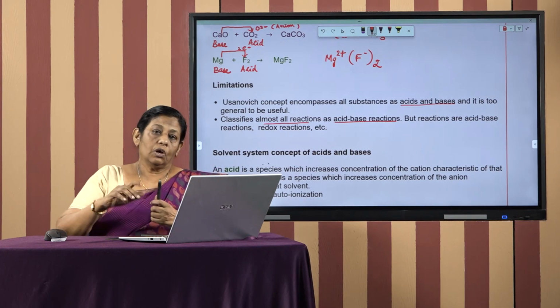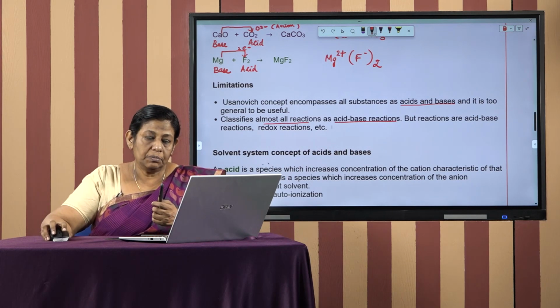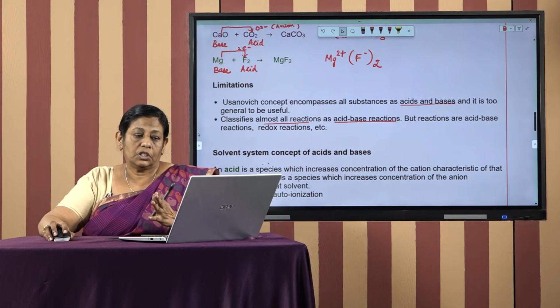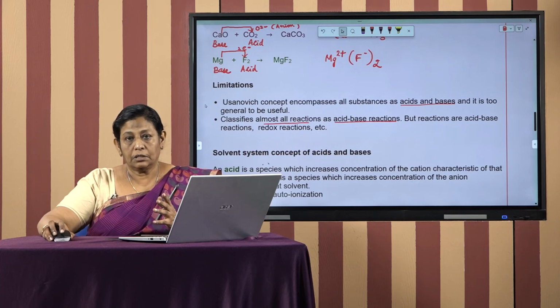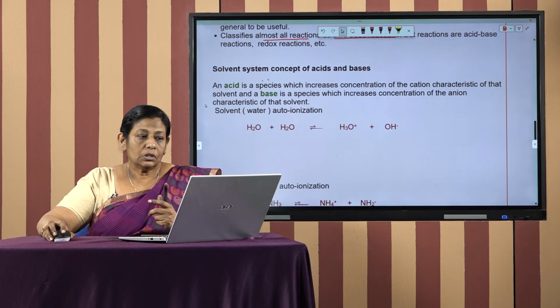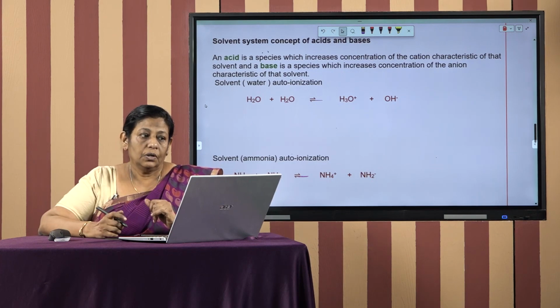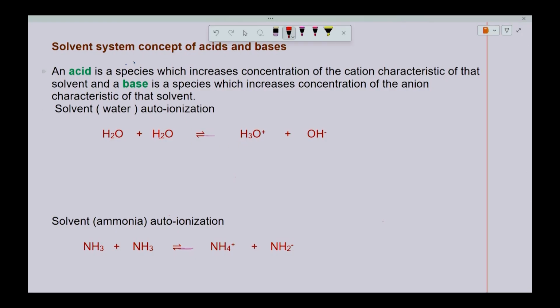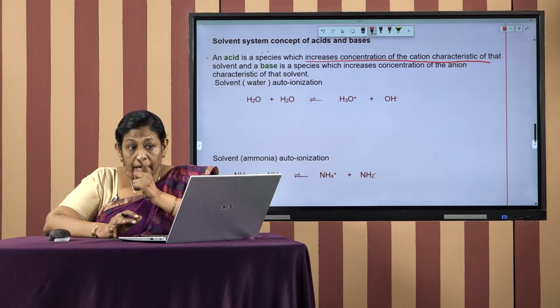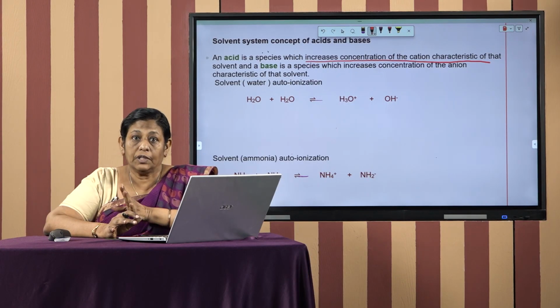Okay. So, we will move on to the next concept, that is the solvent system concept of acids and bases. From the name itself it is concerned with a solvent. Now, an acid is considered as a species which increases the concentration of the cation characteristic of that solvent. It cannot increase any cation, but the cation characteristic of that solvent.